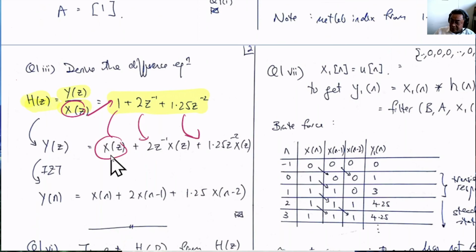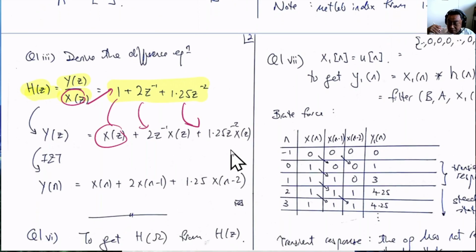1 times X(z) is X(z), 2 z^-1 times X(z) is this expression, 1.25 z^-2 is this expression. Now we can perform the inverse Z transform. Y(z) inverse Z transform is nothing but y(n). So this is easy.